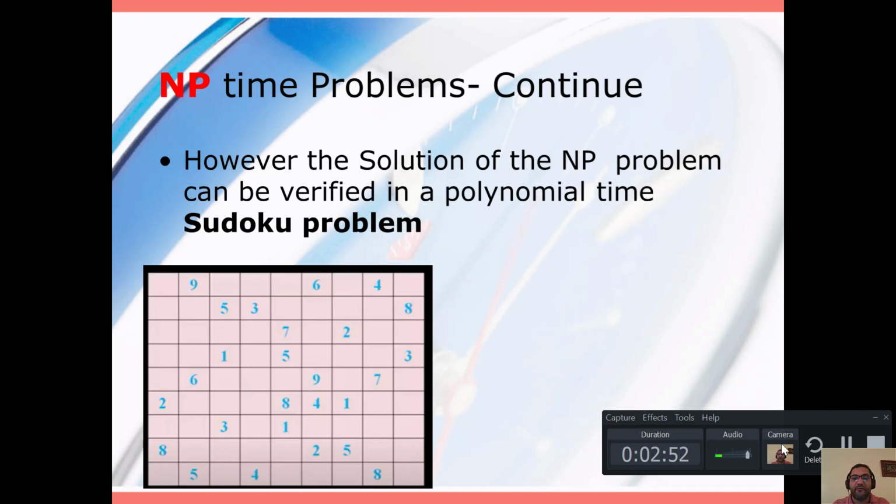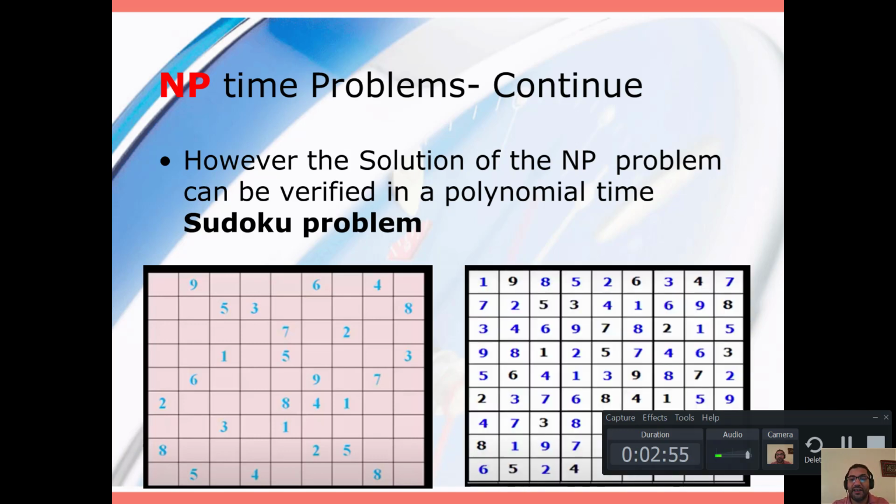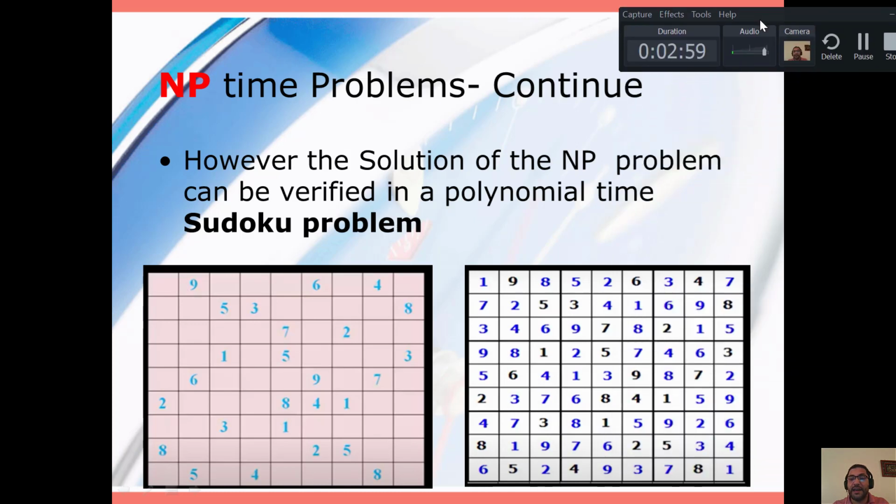However, if I already have the solution like this, I can check this solution by n square, which means polynomial. I can verify the solution in polynomial time. So I cannot solve it in polynomial time, but I can verify the solution in polynomial time.